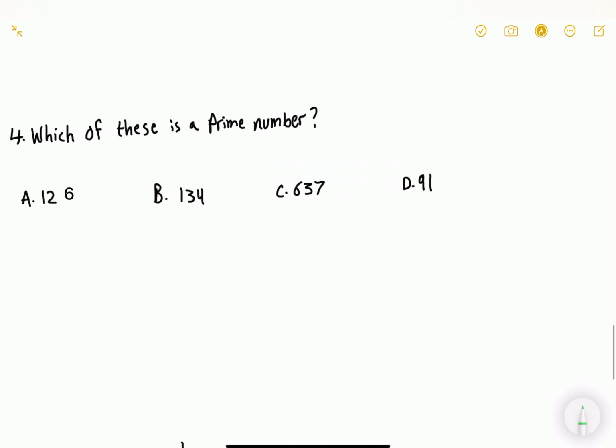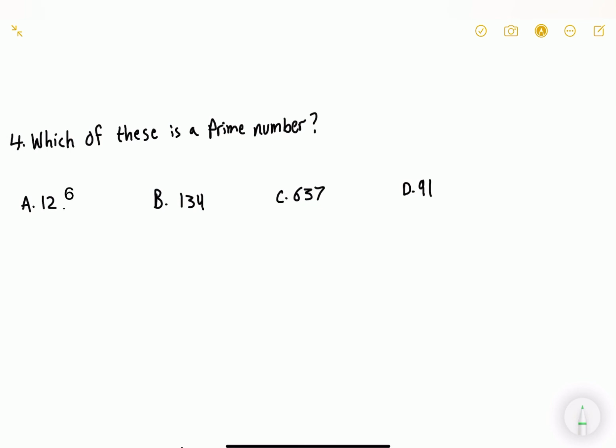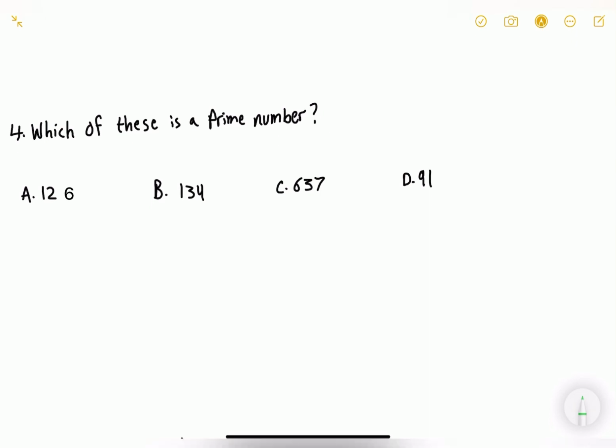It says, which of these is a prime number? From our previous learning, we know that 91 is not a prime number if you have these memorized. And let's look at A. We know that A is divisible by 3. It means it's not a prime number because it's divisible by 3 as well. Let's look at 134.